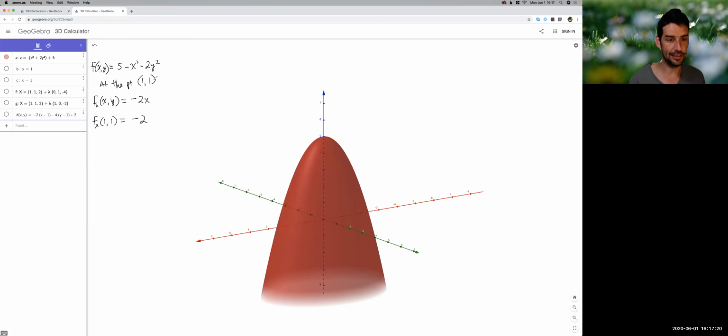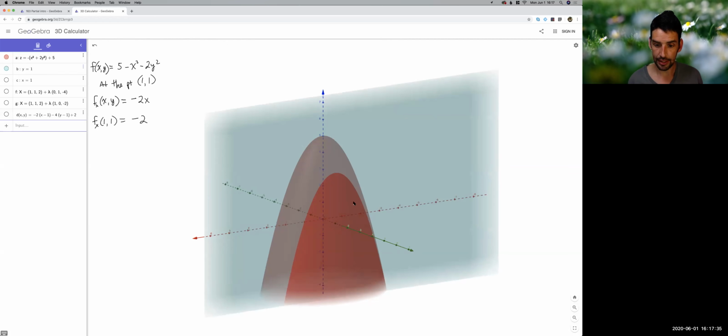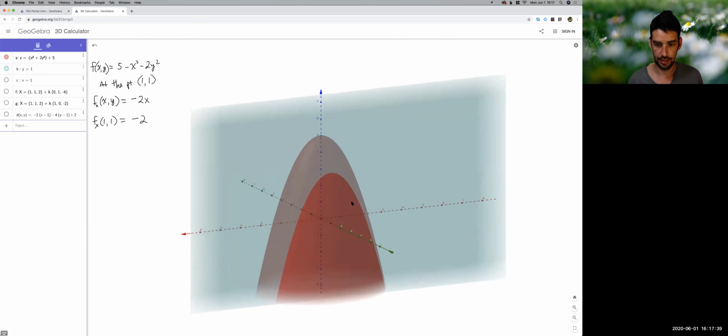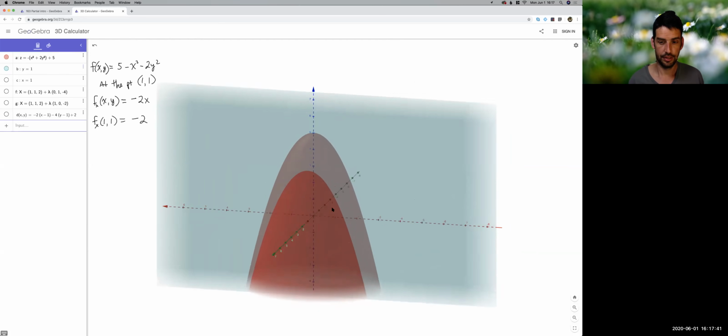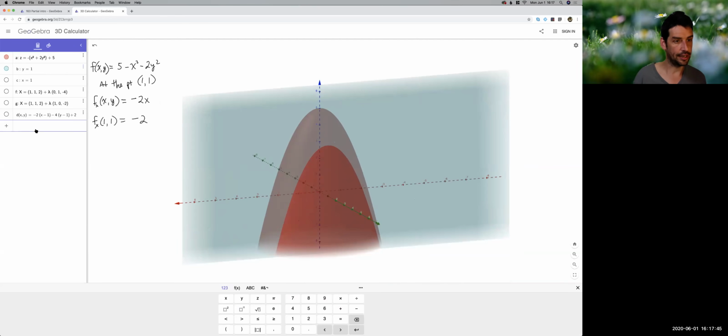So let's look at something. This is at the point (1, 1). Let's look at the plane. I'm going to add to this drawing the plane y equals 1. Okay, so that's the plane we're looking at now. And the point (1, 1), let's just actually add it to this picture.